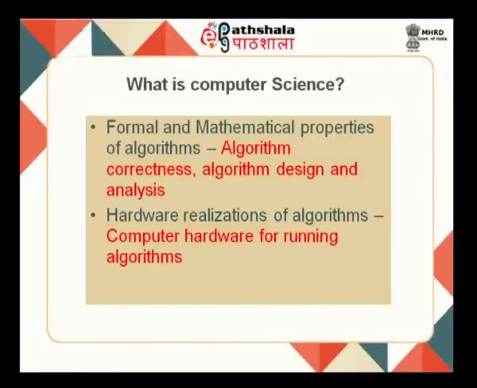The second aspect mentioned by them is the hardware realizations of algorithms. These aspects include the computer hardware for running algorithms, like sequential or parallel machines, etc. What is meant by the linguistic realization of algorithms?